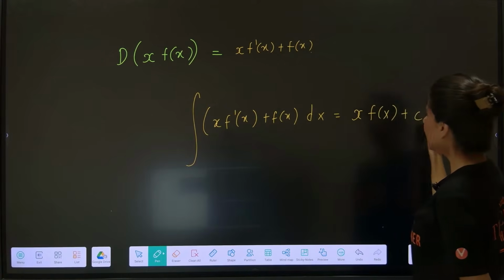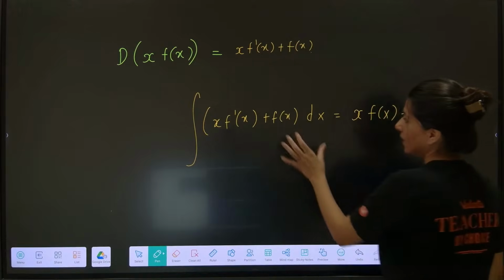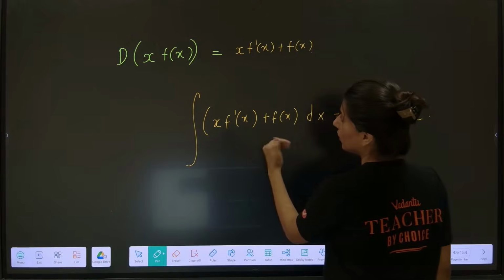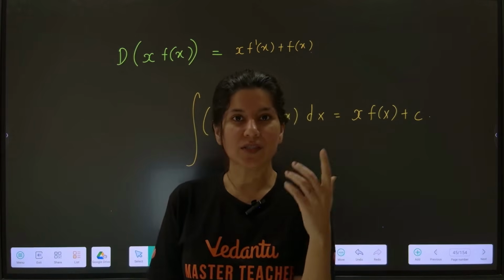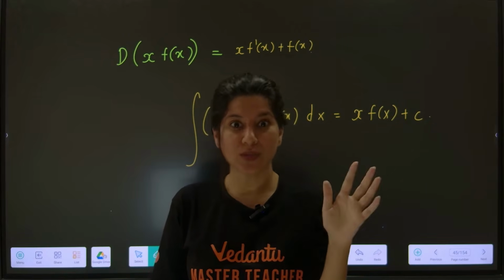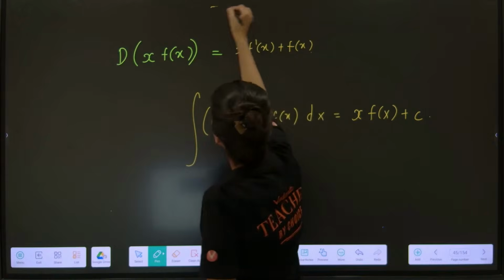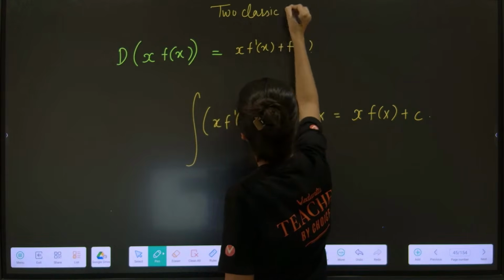So basically, now you have to identify that e power x was slightly visible. Because the moment you see e power x, you might think that maybe it is from the 2 classic integrals. So this is the second formula of the 2 classic integrals.